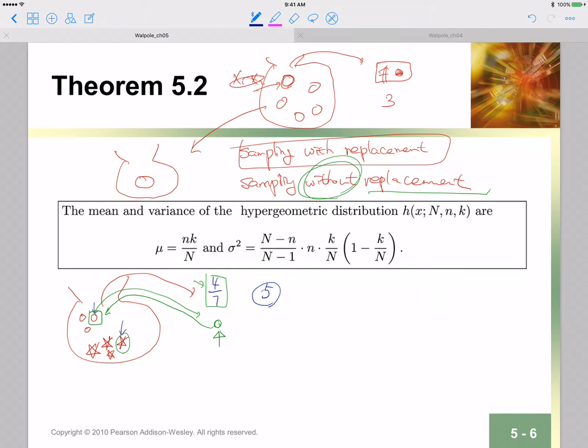In this hypergeometric distribution, they have their own mean and variance. We cannot easily prove this mean and variance here, but we can understand them as similar to the binomial case.